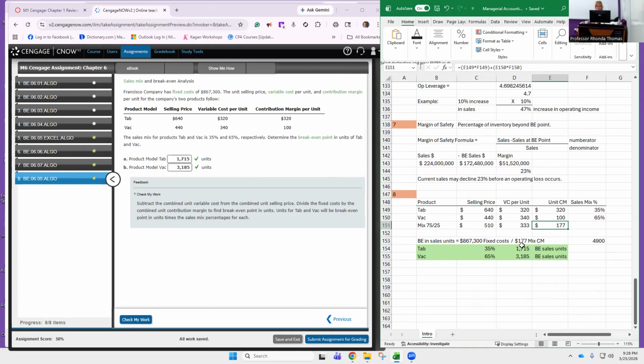Okay, so when we divide our fixed costs by contribution margin, we get a break even of 4,900, but that's not the end of it. So this is the break even units. So I'll just put that down here, break even units.